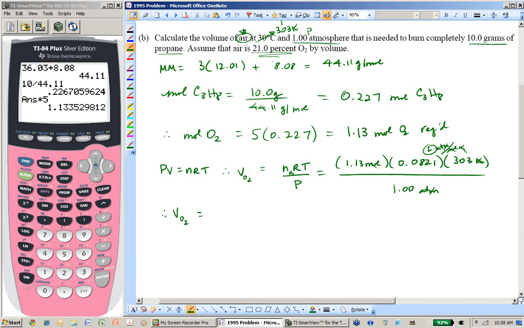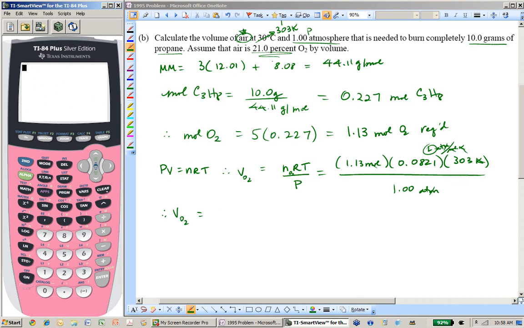All right, let's have a moment about your calculator here for a second. You need to store R in your calculator. If you have never done that, then here's a new lesson for you. You need to enter 0.0821 in your calculator, get it in there, and then this little button just above that says store gives you a little arrow. It says what do you want to store it as.